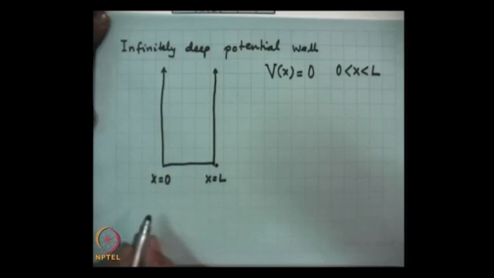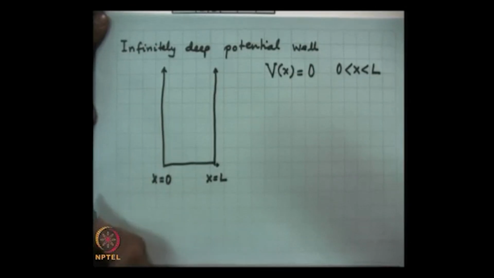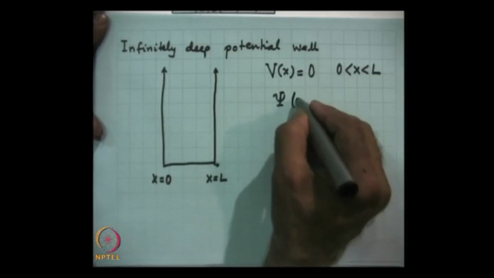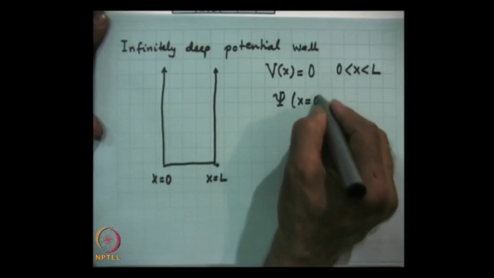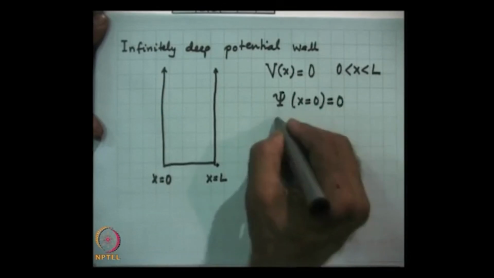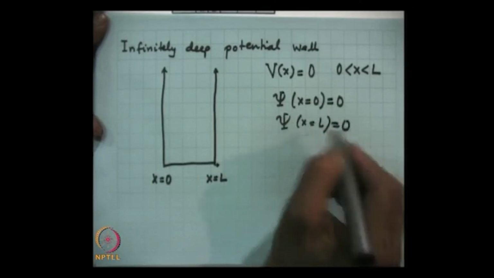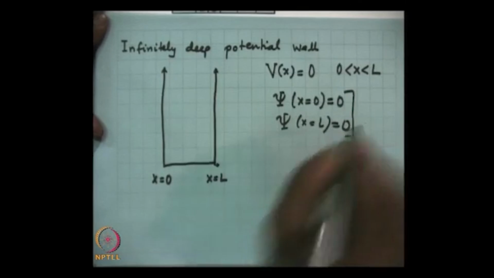So, the wave function for all points greater than L and less than 0 should be 0. So, my boundary conditions are that the wave function must be 0 at x is equal to 0, and must be 0 at x is equal to L. These are known as the boundary conditions of the problem.